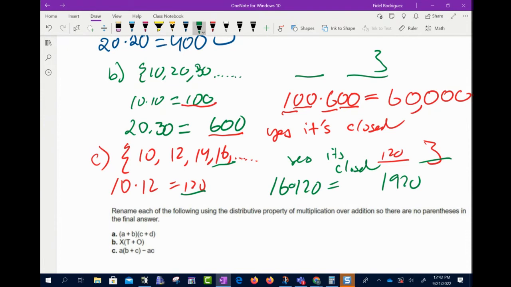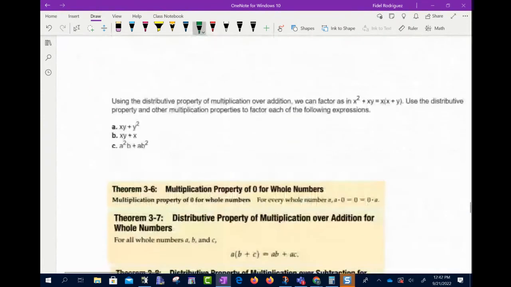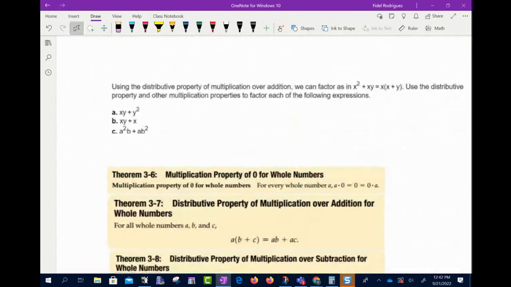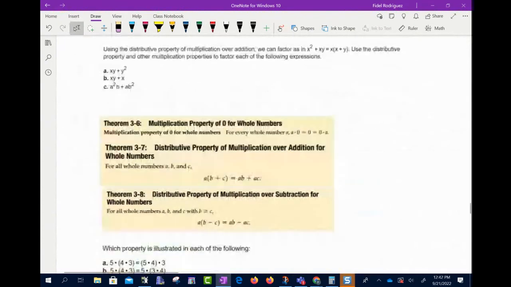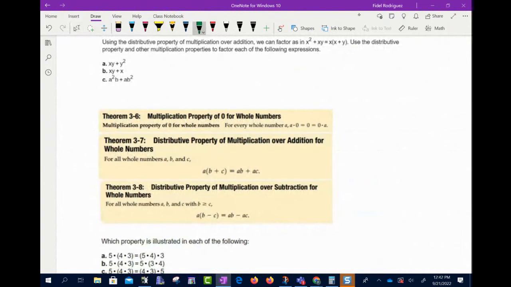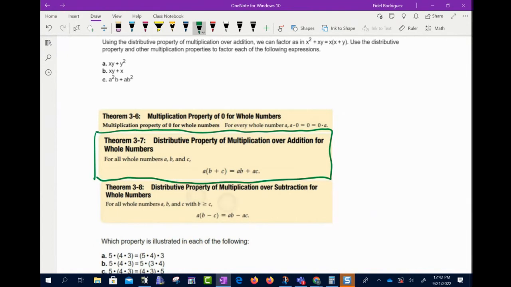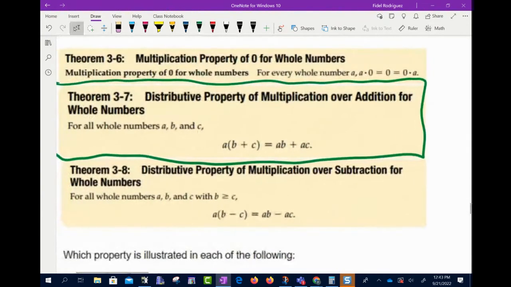All righty. So let's keep moving along here. I think I made a small mistake. Here is my distributive property. We probably learned this in algebra at some point in time.